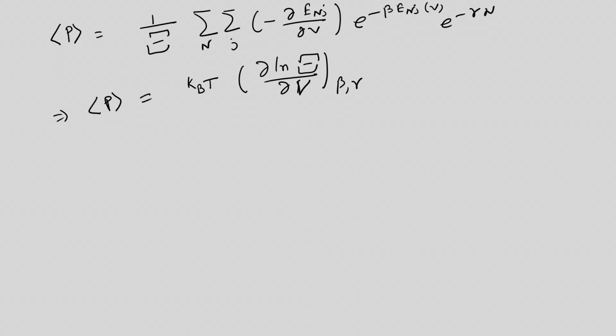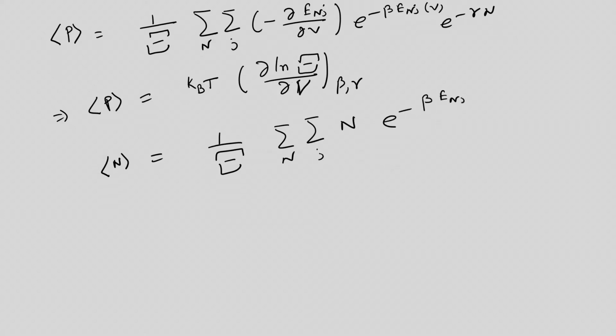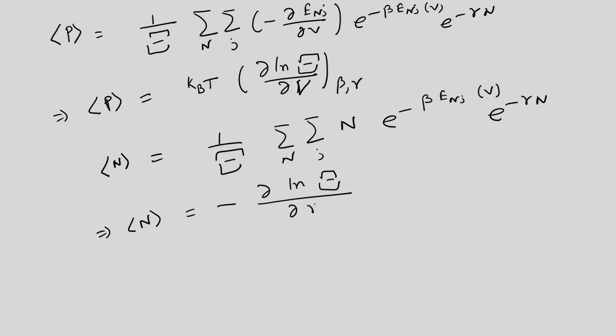Here we can also calculate average number of particles in a given system. And we arrive at an equation: if we differentiate ln theta with respect to gamma, keeping V and beta constant, we get average number of particles in a given system.